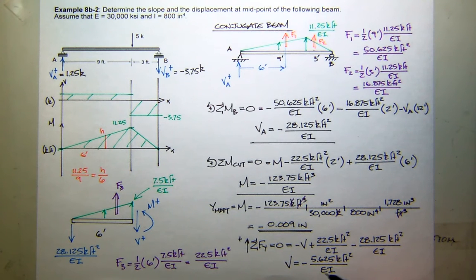I've run out of space, so I won't be able to do the direct conversion, but we can divide by E and I, and then to convert to square feet, we'll have to multiply by 144. So take this value, multiply it by 144, and divide it by E and I, and what do you get? Probably a bunch of zeros.